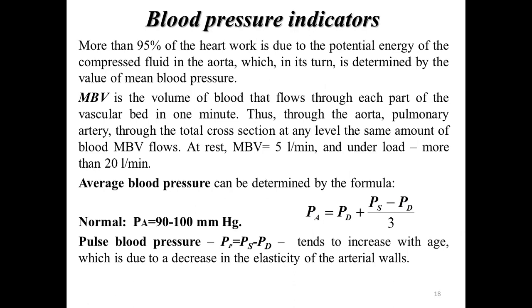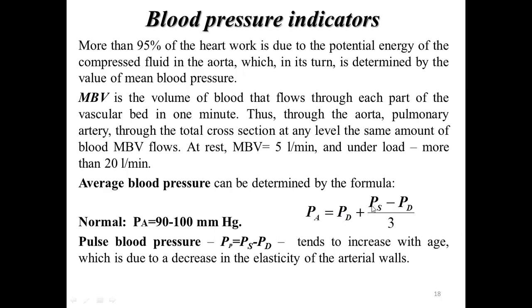Average blood pressure can be determined by this formula, where we have diastolic pressure, which is the minimal pressure in the aorta, plus the difference of systolic and diastolic pressure, where systolic is the maximum pressure in our aorta, divided by 3. Normal values for average pressure are 90 to 100 millimeters of mercury.